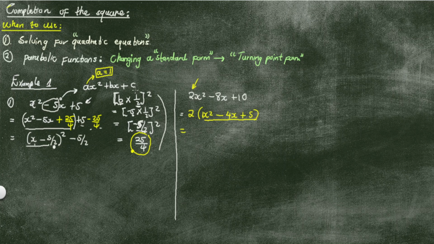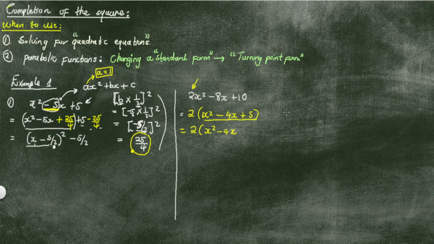So you take this quadratic expression, then you complete the square again. You take the b value, multiply by a half, then you square. So it's going to be a 2 outside. Then it is x squared minus 4x.